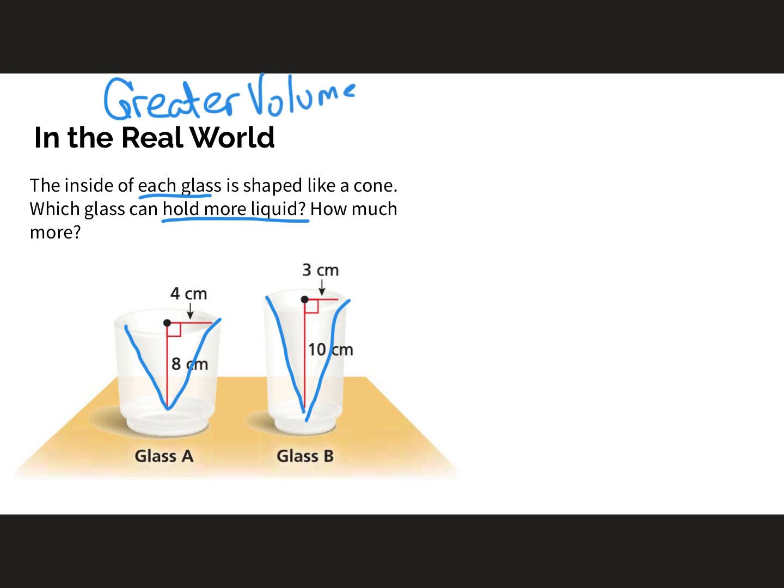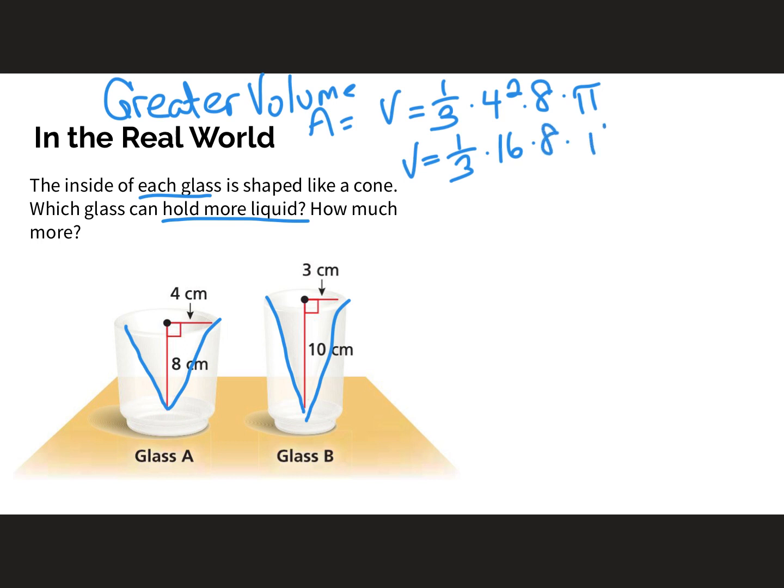So let's start with glass A. This one has a radius of 4. So our volume for glass A equals 1/3 times 4 squared times 8 times pi. So the volume is 1/3 times 16 times 8 times pi. 16 times 8 is 128.